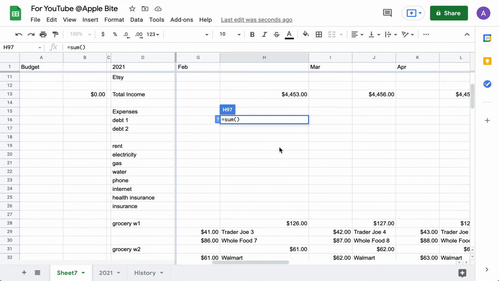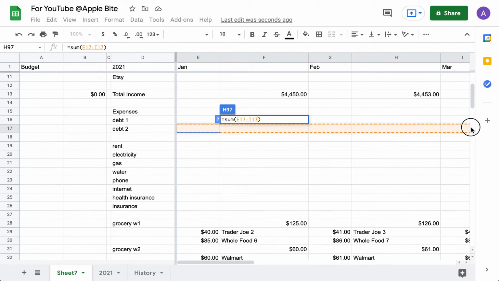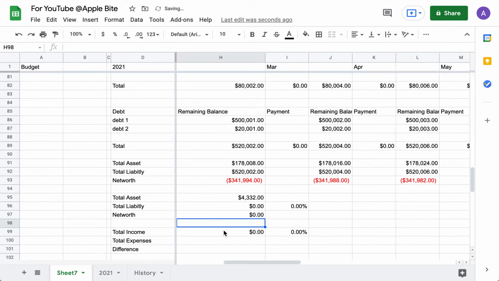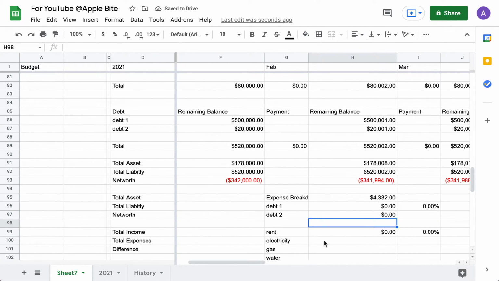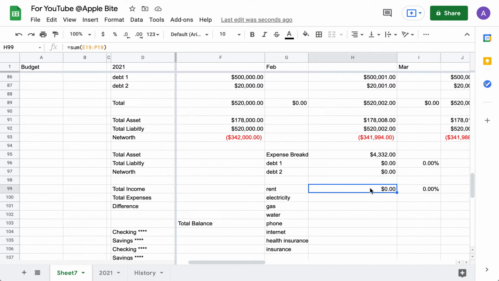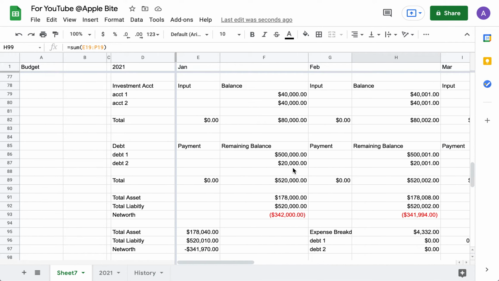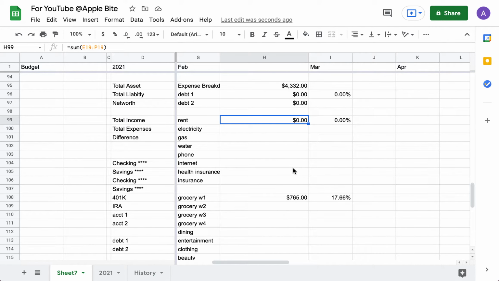Step 2. Electricity. Because rent, electricity, gas, water, insurance, health insurance, they're all on the same column, we can just drag.